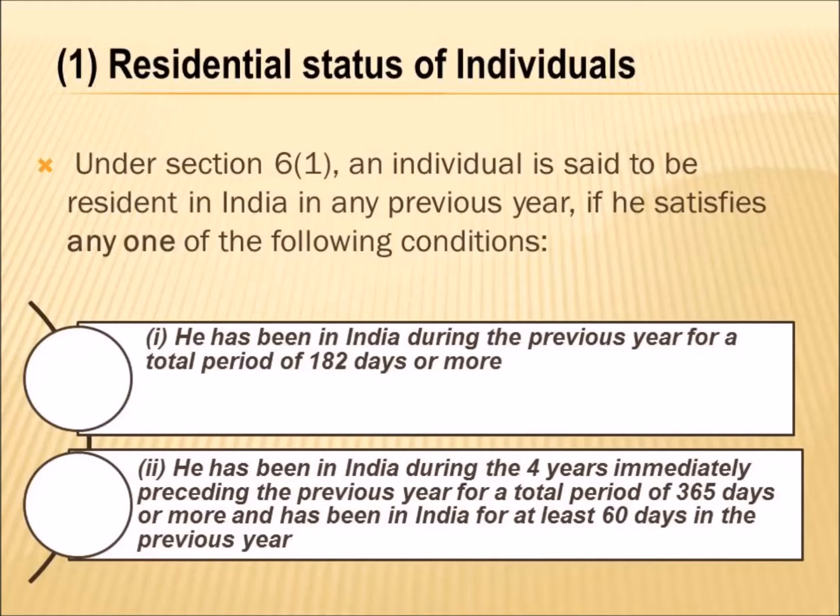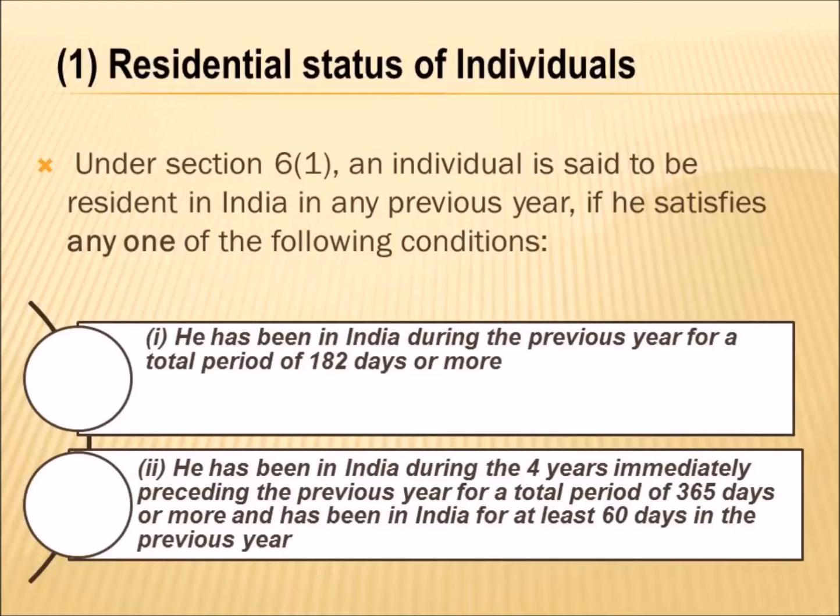If he has been in India for 182 days or more in the previous year, then he would be called a resident in India. This is the first condition. If he is satisfying this condition, then well and good, he is resident. And suppose he is not satisfying this condition, then we'll see the next condition.